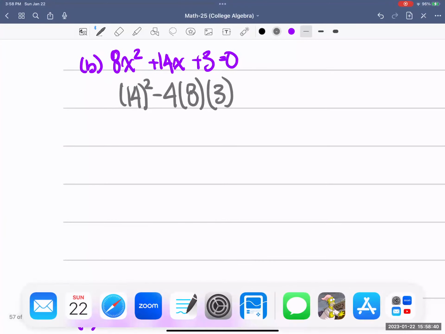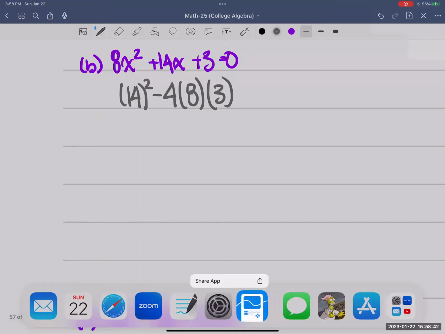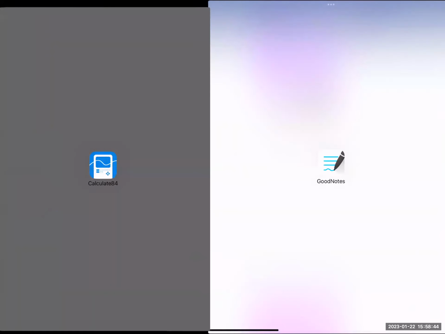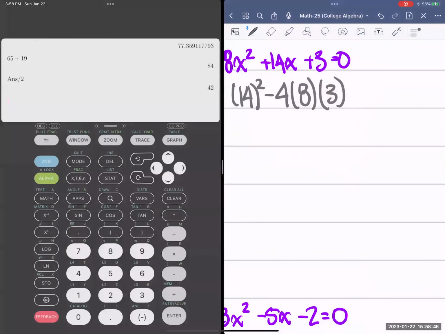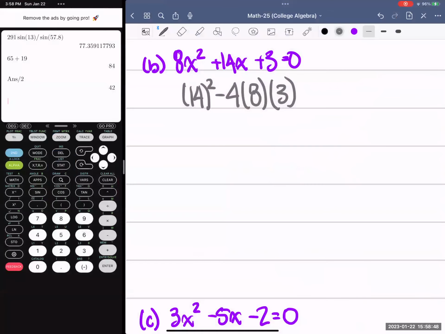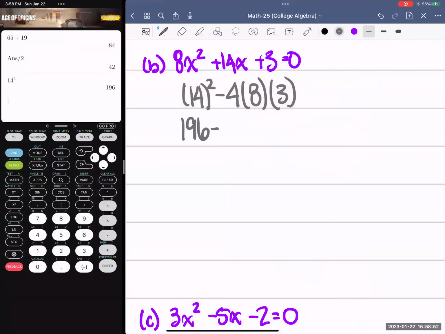So 14 squared is 196, minus 4 times 8 times 3, which is 96. That gives us 100.